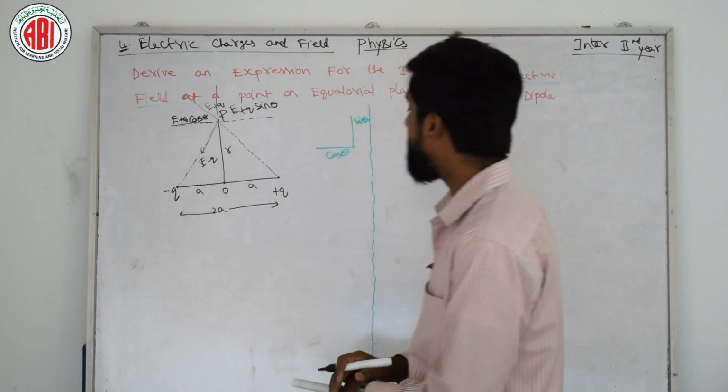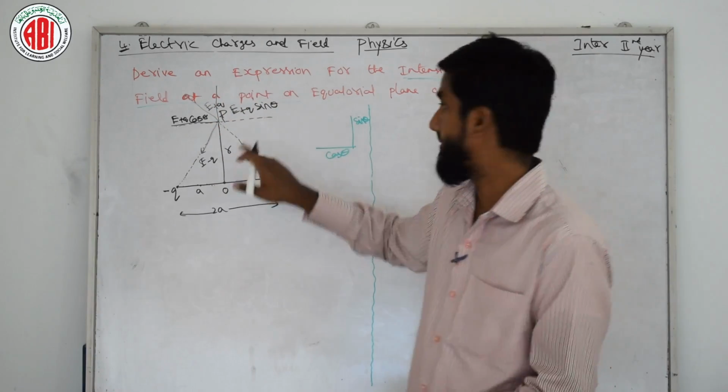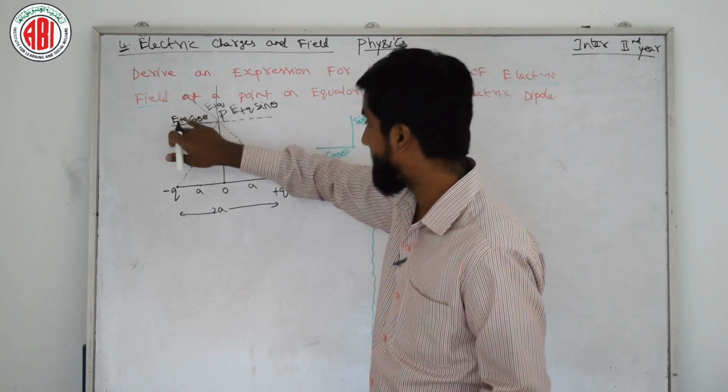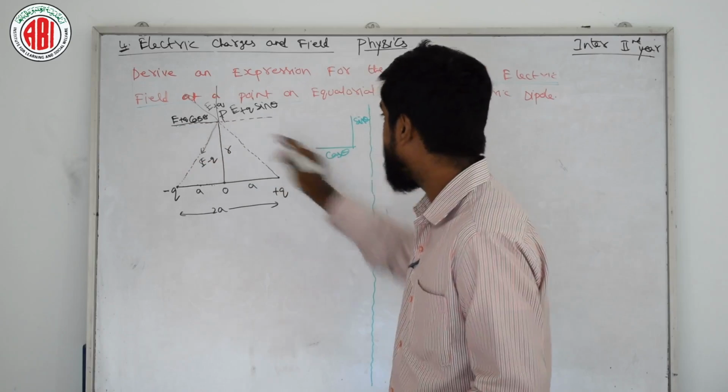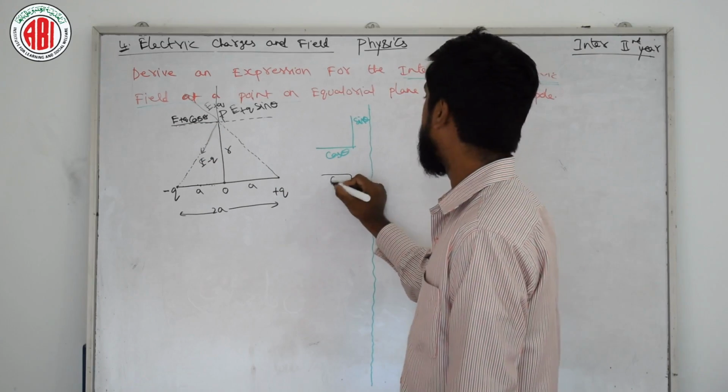We already considered two components, E plus sine theta and E plus cos theta. Now we take one more vector with its components: here sine theta, here cos theta.